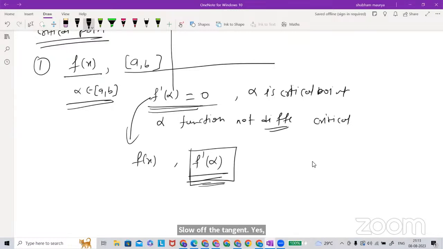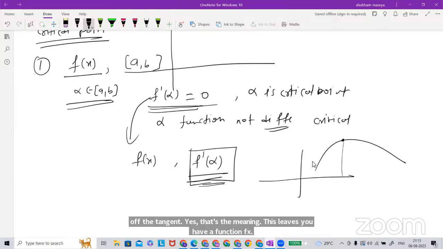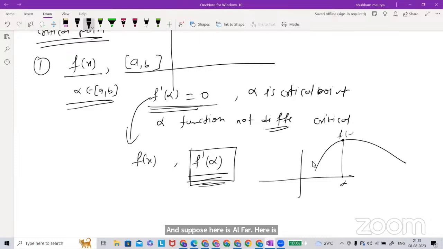Suppose here is alpha, and this is f(alpha). If f prime alpha is 0, the slope of the tangent is 0, and a straight line with slope 0 is going to be parallel to the x-axis.